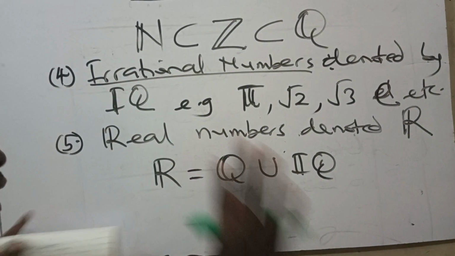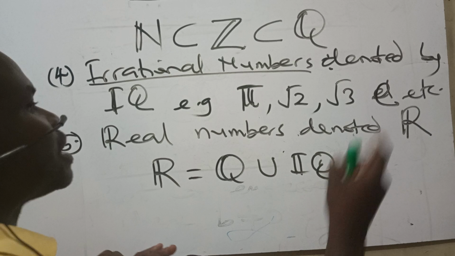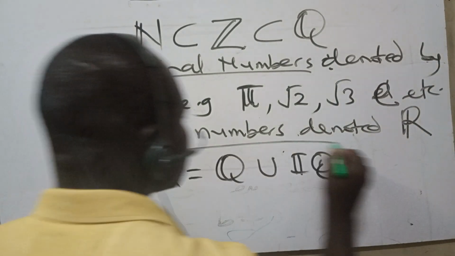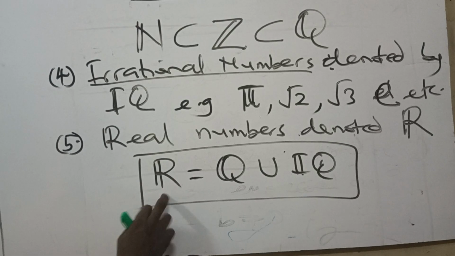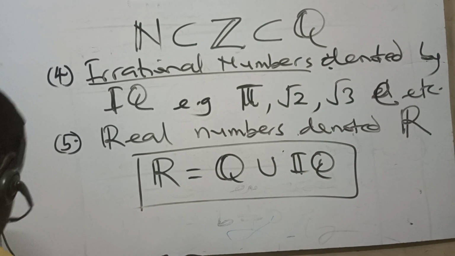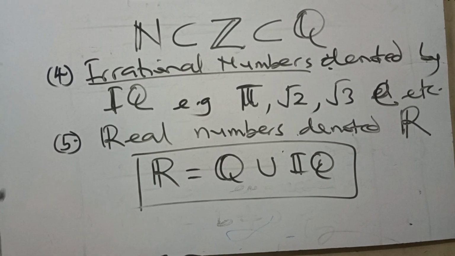That is any number you can think of, whether that number can be expressed in fractional form or not. Any number that you can think of comes under real numbers. This is the mother set, the largest set under consideration in the real sense.